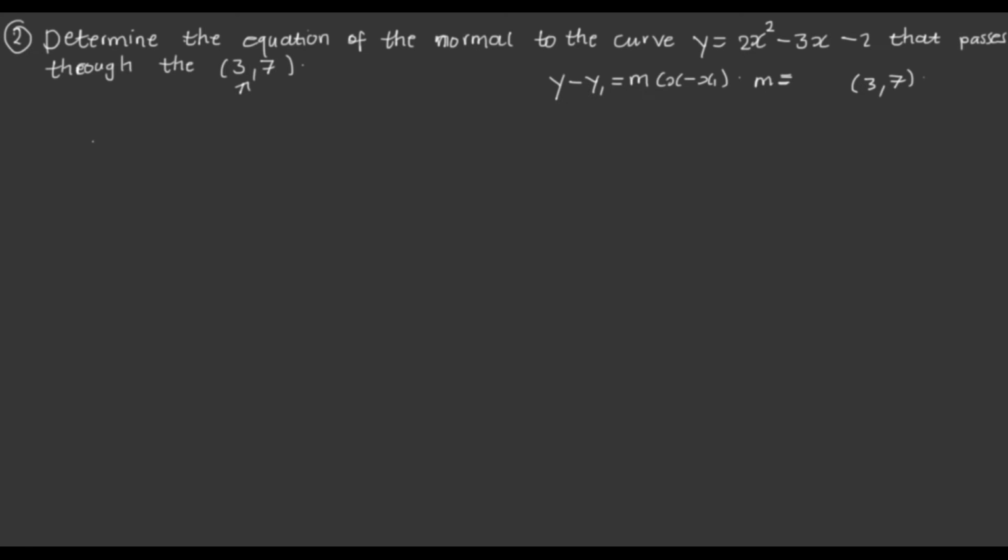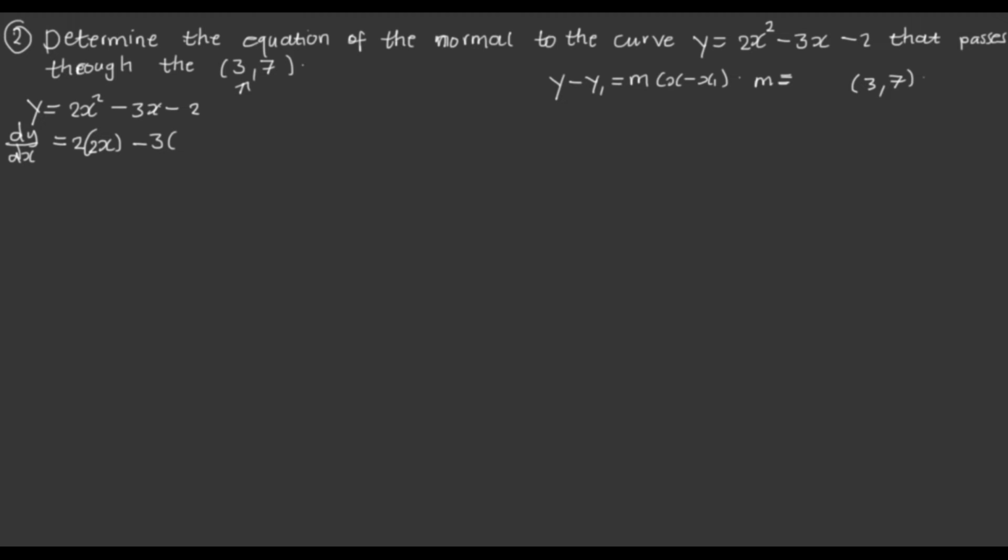Okay, so now let's begin by differentiating the equation. y is equal to 2x squared minus 3x minus 2. So we can say dy divided by dx: we bring the 2 to the front, we have 2x to the power 2 minus 1, minus 3.